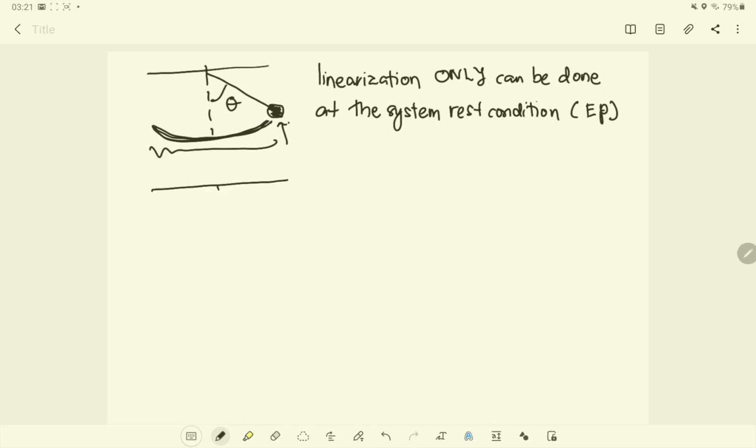If you put your inverted pendulum here, the system is not moving, so it means that at this position the system is at the rest condition.